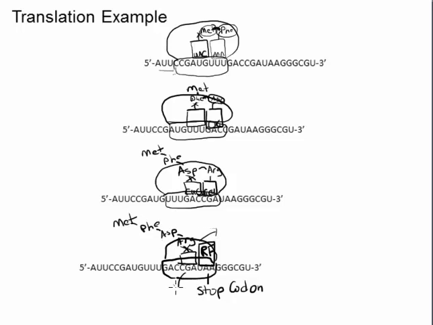Large ribosomal subunit, small ribosomal subunit disassemble, and the mRNA is released and translation is terminated, right? So that was initiation, binding of the 5' cap, followed by 5' to 3' scanning to find the start codon. We see assembly of the entire ribosomal complex, and then basically translocation down the mRNA towards the 3' end until a stop codon enters the A site, at which time translation is terminated.